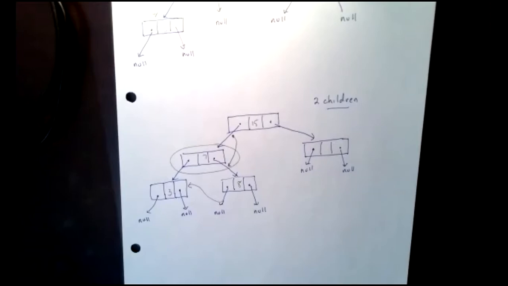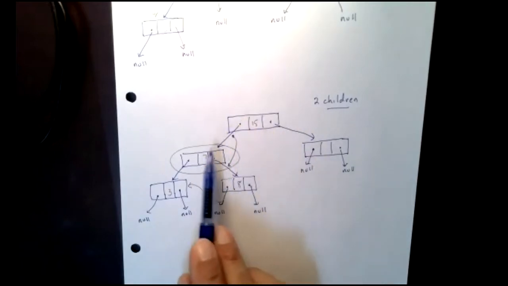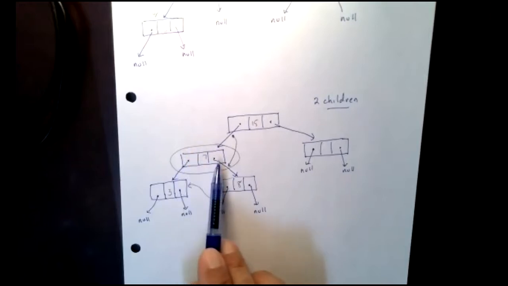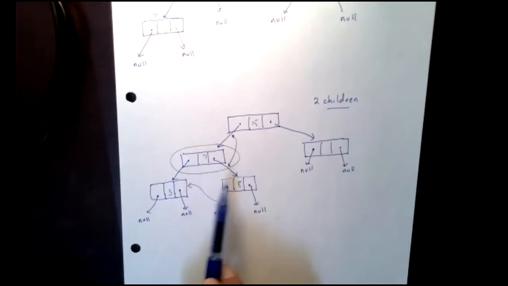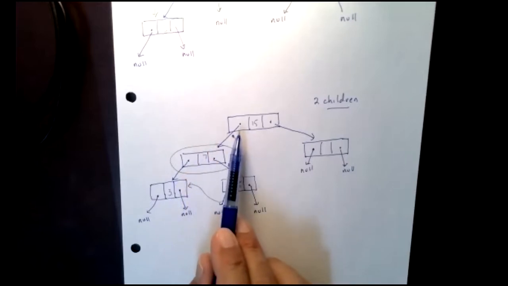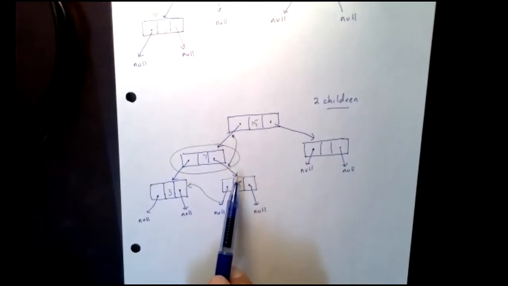Okay. And taking a look at my picture, you might be going, oh boy, here we go. Here's how we do it. If I want to delete a node that has 2 children, the parent will get the value of the right child.